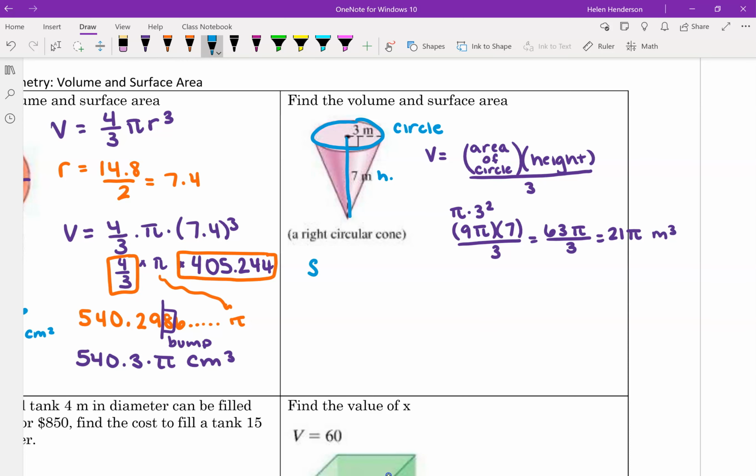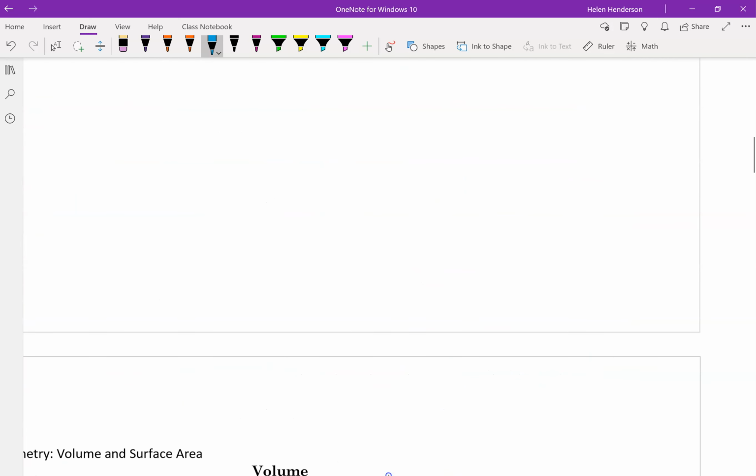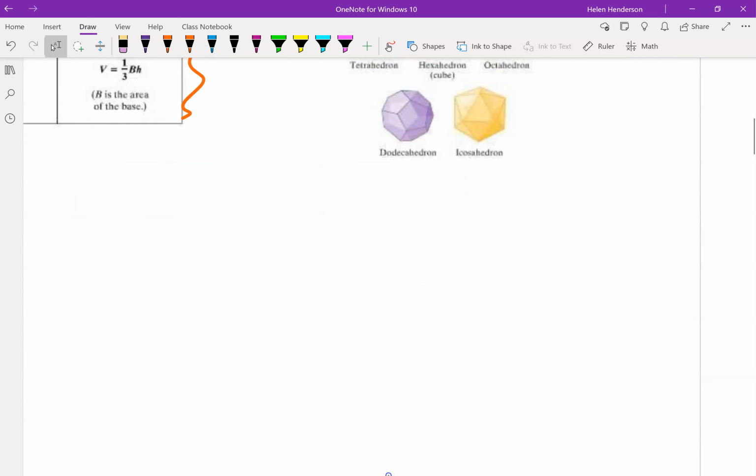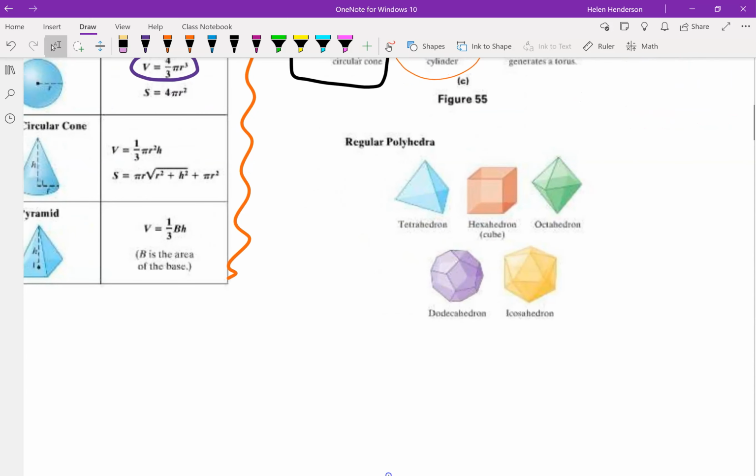So surface area for a cone, I don't know, I'm going to go back. Oh, surface area for a cone is kind of ugly here.